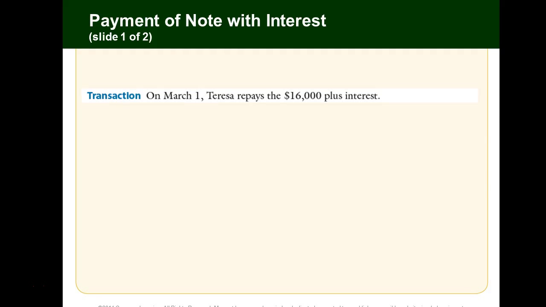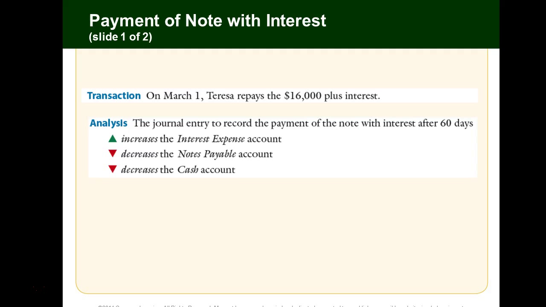Now on March 1st, Teresa repays the $16,000 she owes plus interest. We have a business transaction, an economic event. When we record this journal entry, we increase our interest expense, decrease our liability, our notes payable, and decrease cash.